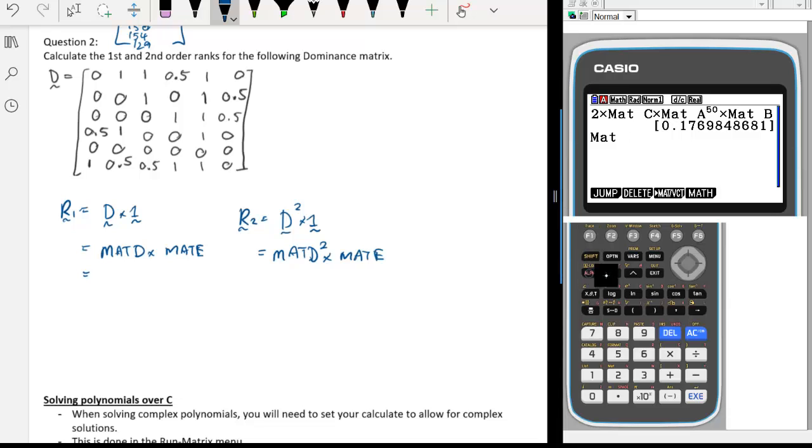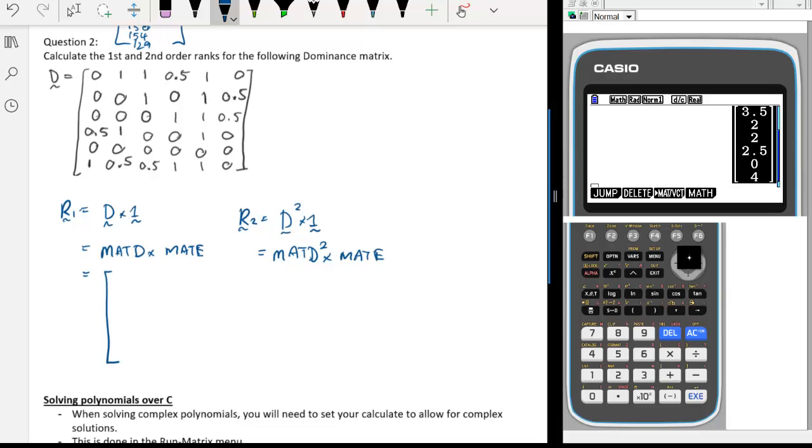So we have matrix D multiplied by matrix E. There we have our answer, so we can straight away write that in. 3.5, 2.5, and 4.